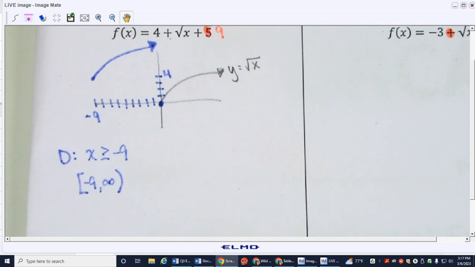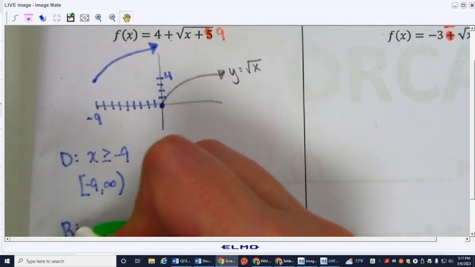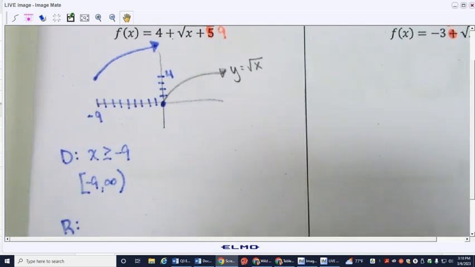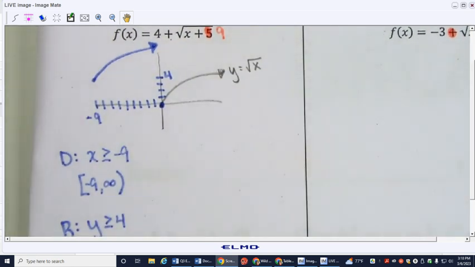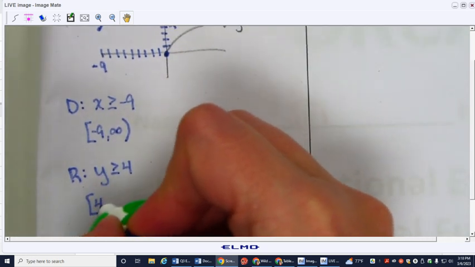I don't know how it's going to be on the test if this is a question on the test. Your range, what's my range? Everything's above the 4, right? So y has to be greater than or equal to 4, which you can write like that, or you can write it as everything from 4 to infinity.